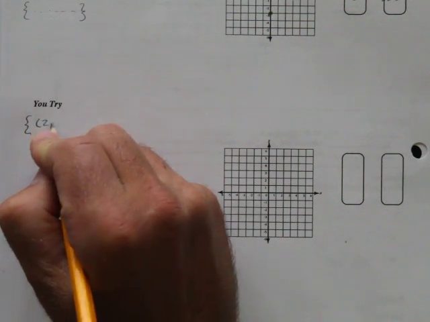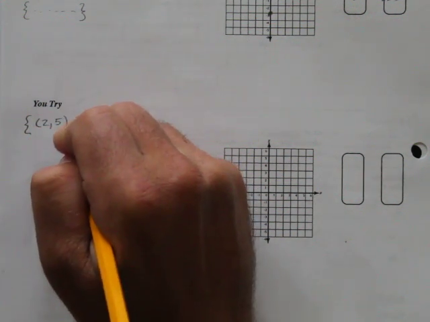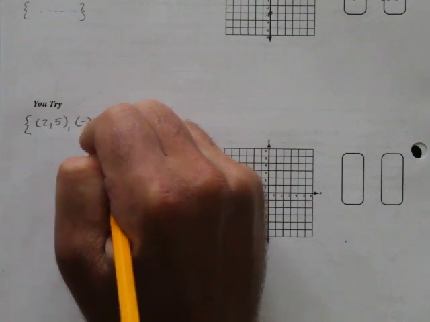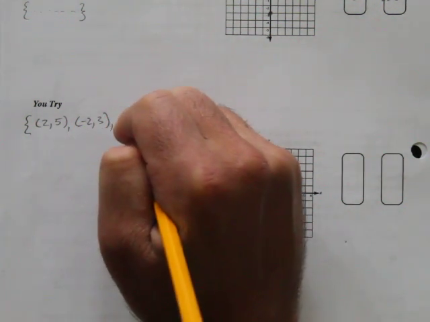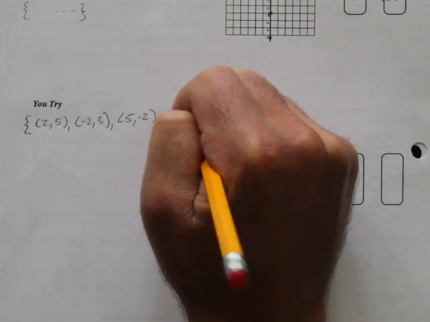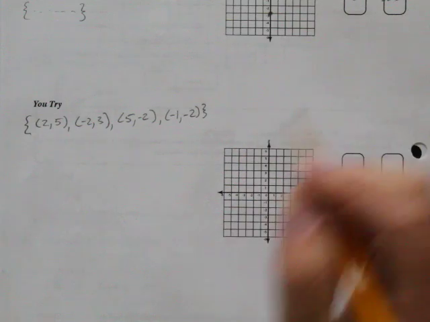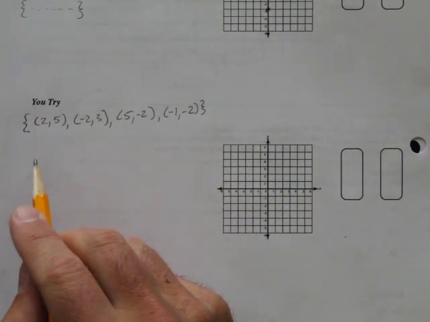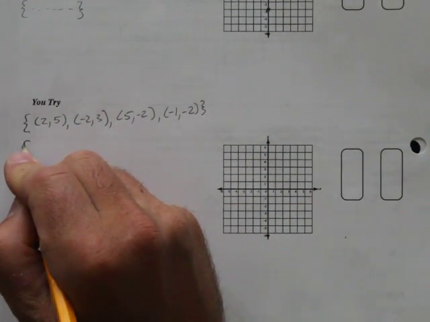It is (2, 5), (-2, 3), (5, -2), and (-1, -2). So we are going to write these.